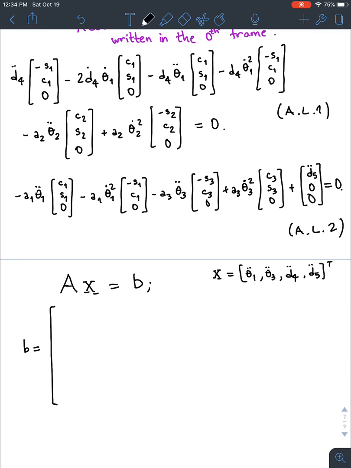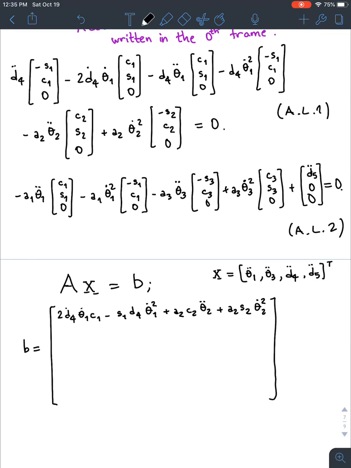Whatever comes from AL1 looks like 2 times d4 dot theta 1 dot cosine 1 minus sine 1 d4 theta 1 dot squared plus a2 cosine 2 theta 2 double dot and plus a2 sine 2 theta 2 dot squared. That's the first element of B.